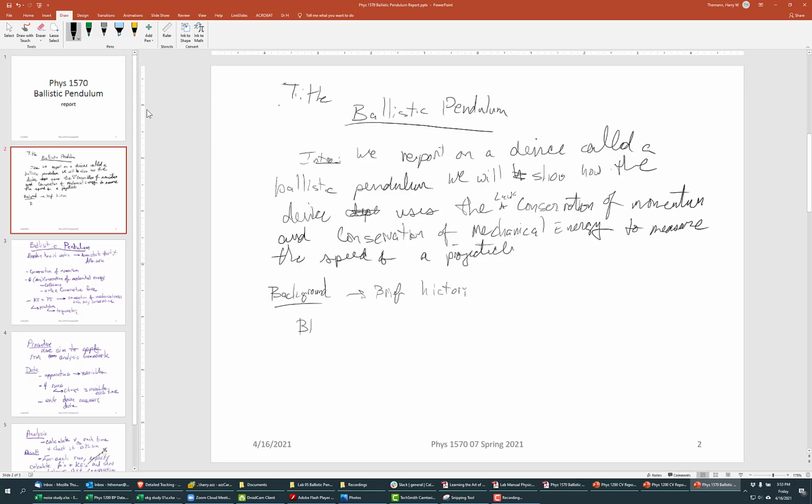You have a block of some sort on a swinging pivot, and then a bullet is fired into the block.